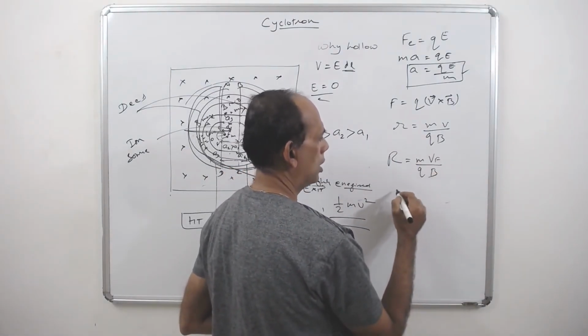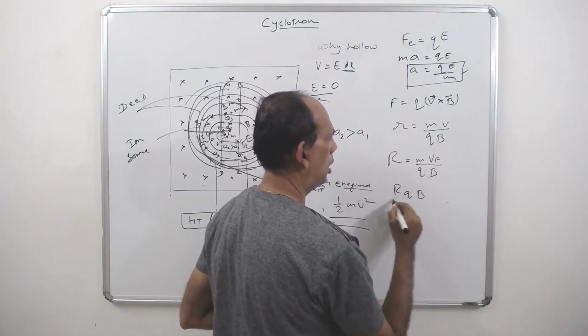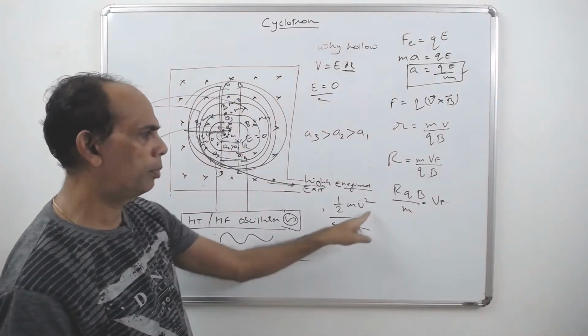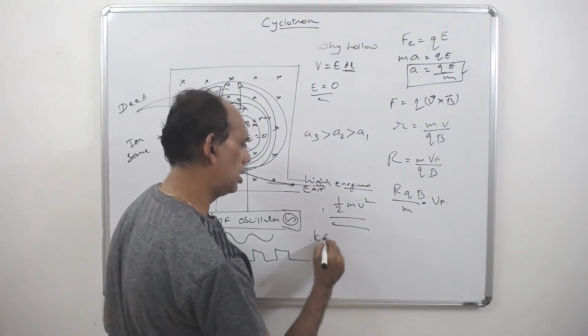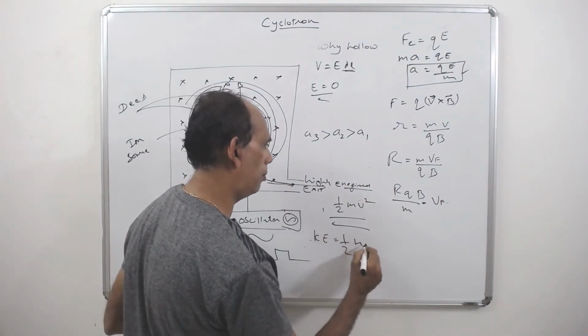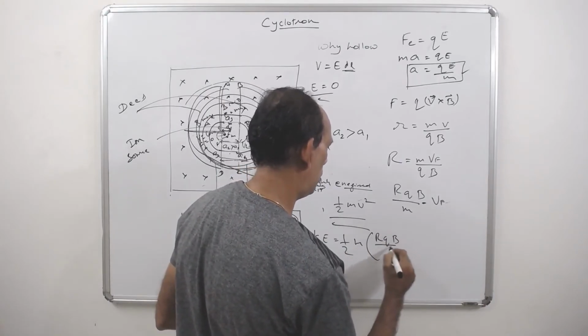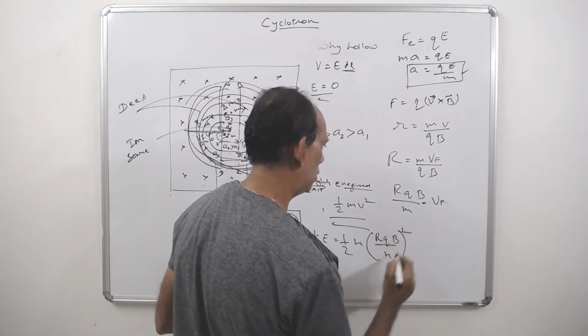So this becomes r qB upon m is equal to vf. So replace it over here. Kinetic energy is equal to half m into (r qB upon m) square.